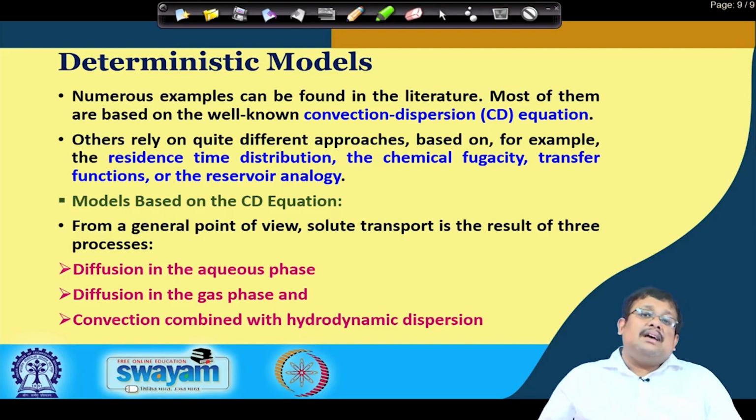Now, numerous examples can be found in the literature among the deterministic models. Most of them are based on the well known convection dispersion equation. Most of the deterministic models generally rely on this convection dispersion equation.